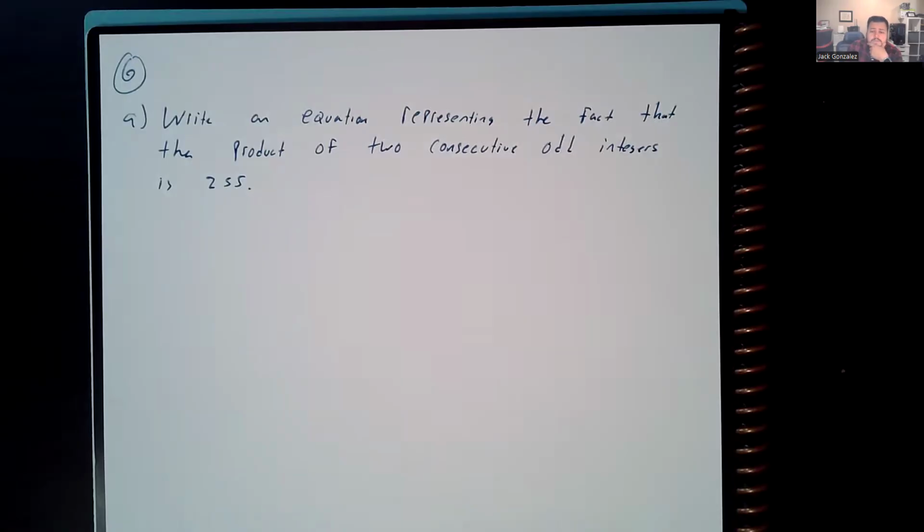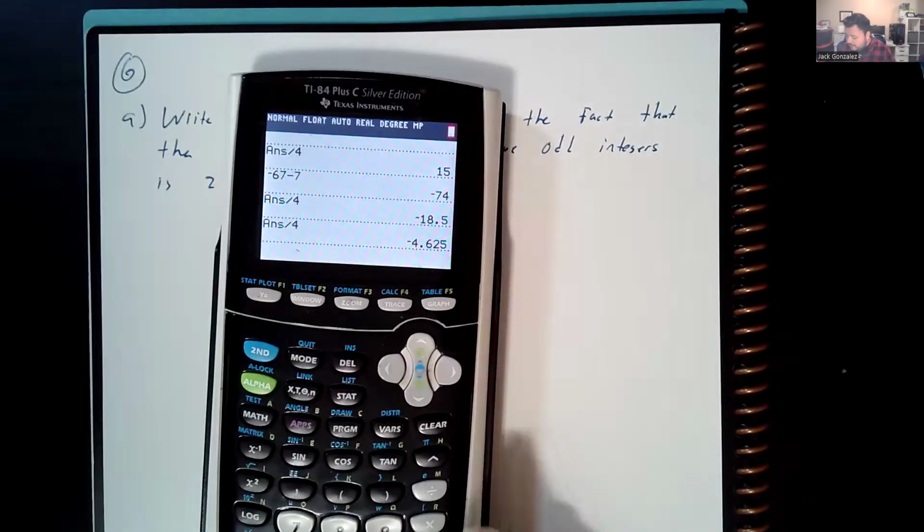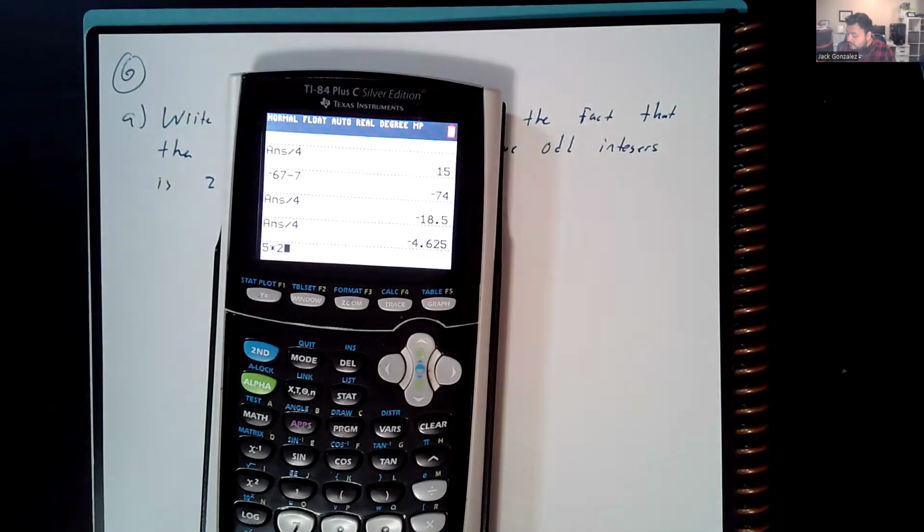It says write an equation representing the fact that the product of two consecutive odd integers is 255. So you have to have a formula to understand something that's always odd. We understand that if something is a multiple of 2, it's going to be even. For example, 5 is odd, but if I multiply it by 2, it's now even. 9 is odd, but multiplied by 2, it's even.